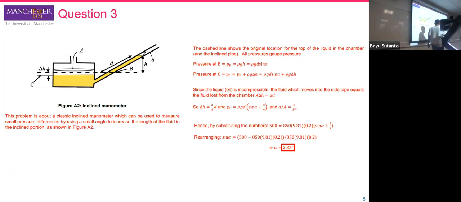And a per capital A is a quarter. Sorry for this miscalculation, so I will write it in my notes. We have dC equal to rho g. So this is 500.